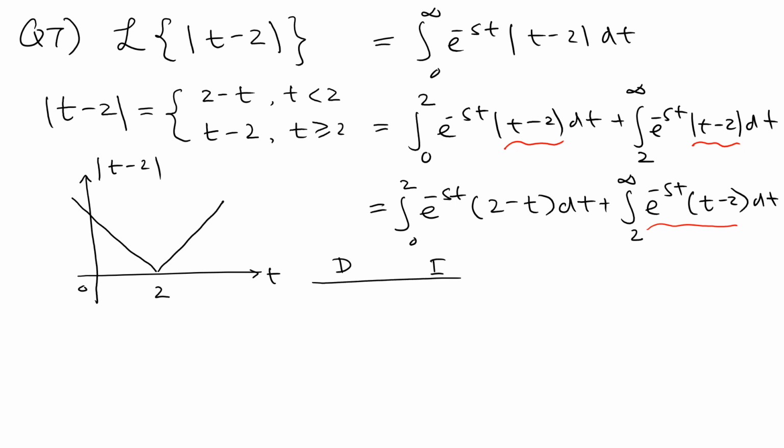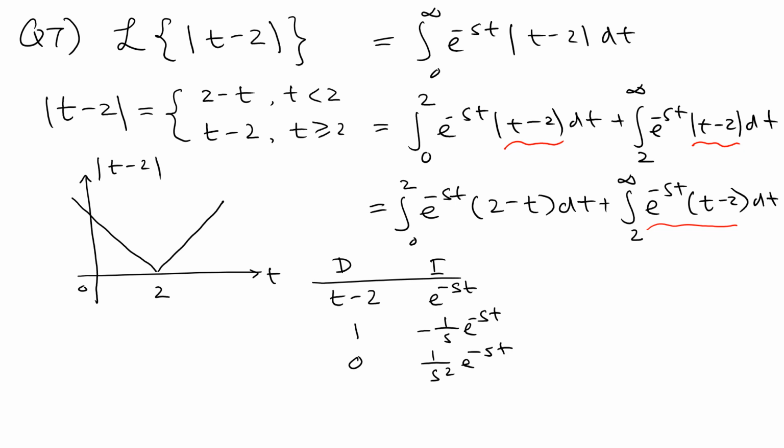So what you get is t minus 2 for the first one and e to the minus st for the second one. If you take the derivative, you get 1, and then next line is 0. So the integral is going to be negative 1 over s e to the negative st, and the next line is 1 over s squared e to the negative st. We did this multiple times.